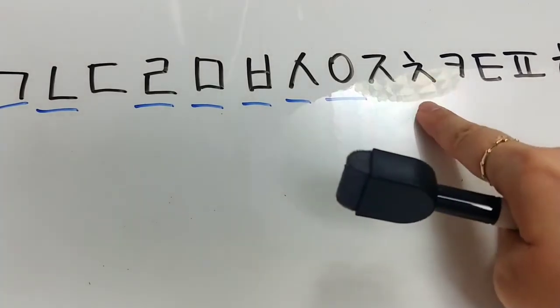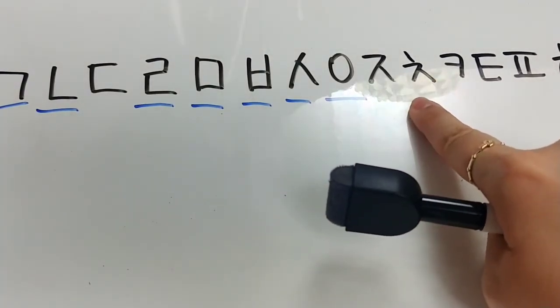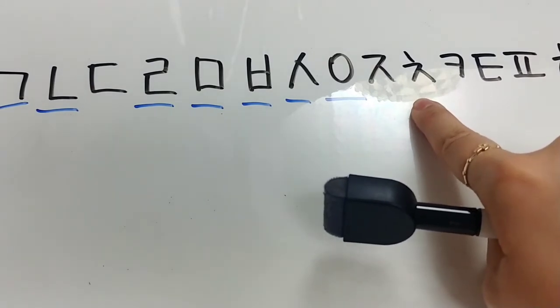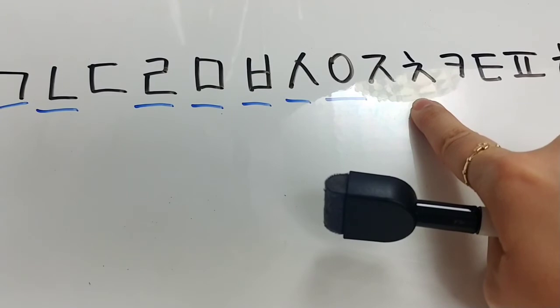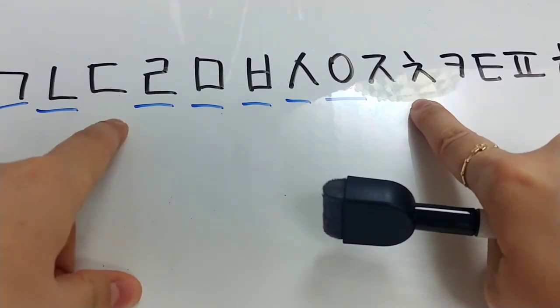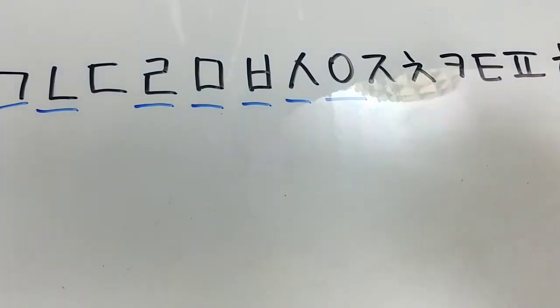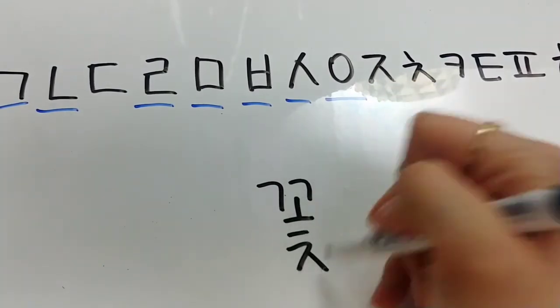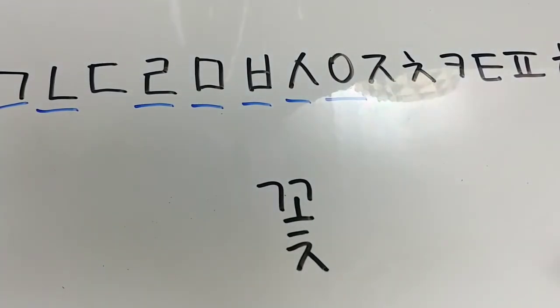Let's see this consonant. This is 치읒. So when it comes to the final consonant, it sounds like 읏. Very similar to 디귿 or 시옷. So for example, how can we read this?